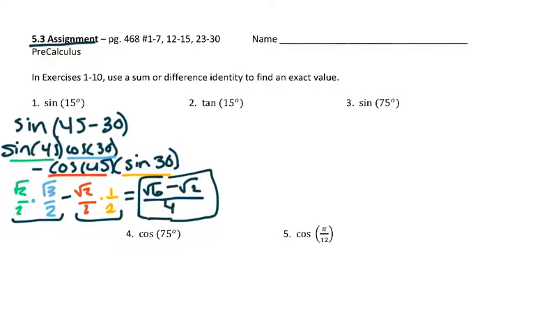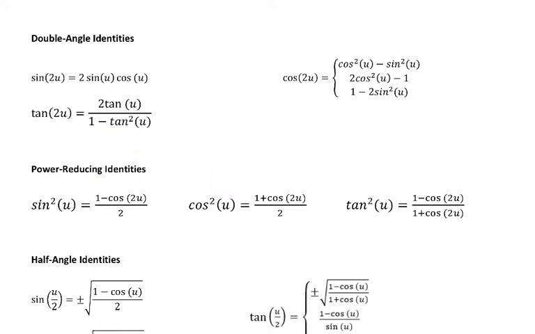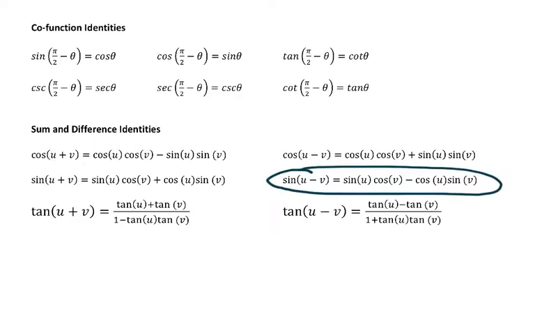Doing well. Okay. So we've got tangent of 15. Of course, tangent uses that kind of scary looking formula. So I'm still going to use 45 minus 30, but of course we're using that other formula. So we're going to have tangent of 45 minus tangent of 30, and then tangent of 45 times tangent of 30 with a plus.